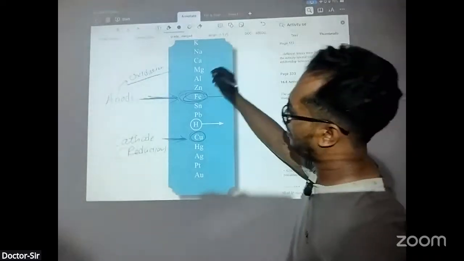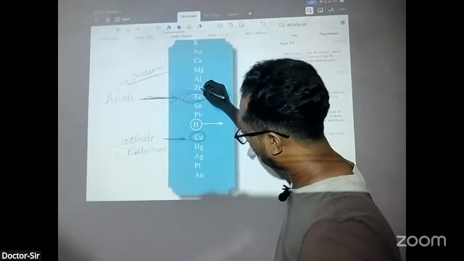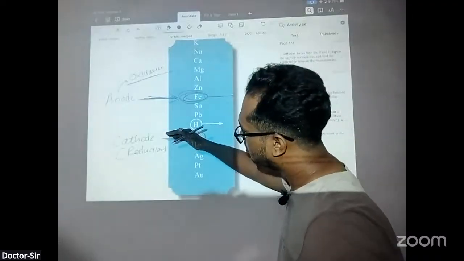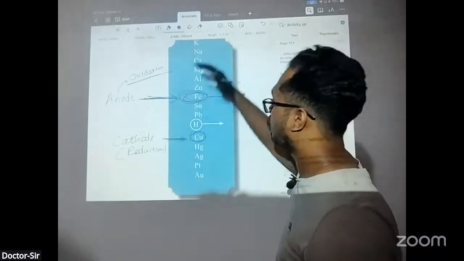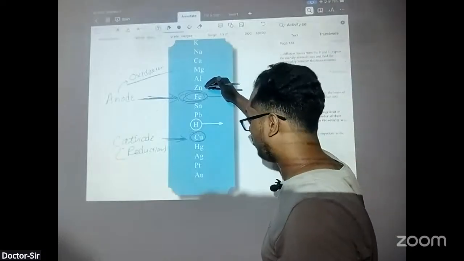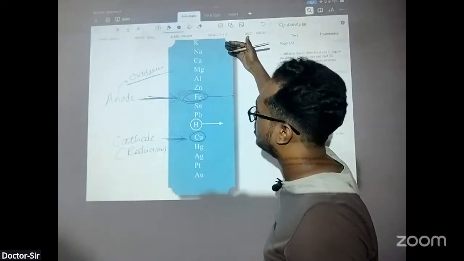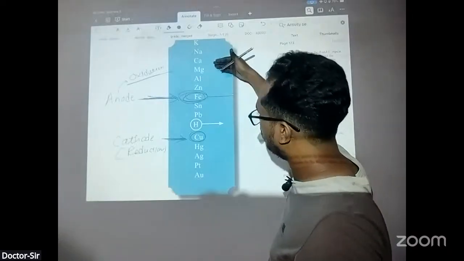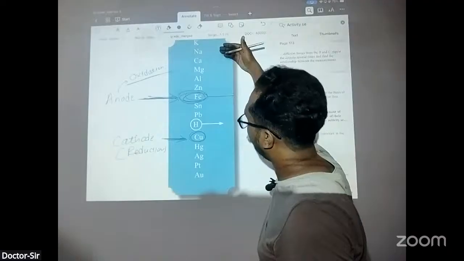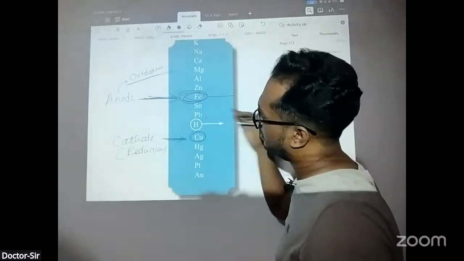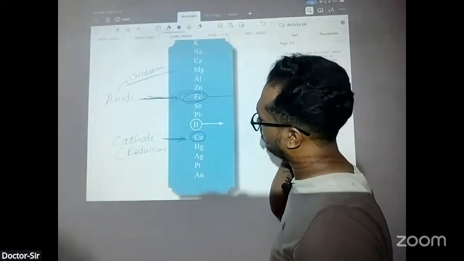So anode is going to do the oxidation reaction, cathode is going to do a reduction reaction. How we can identify the anode: it will be the highest element compared to the two in the activity series. Then the cathode is the element that is very low in the activity series compared to the two.